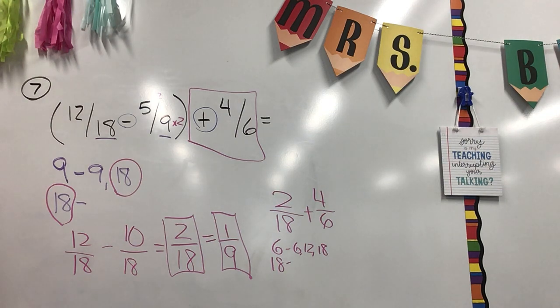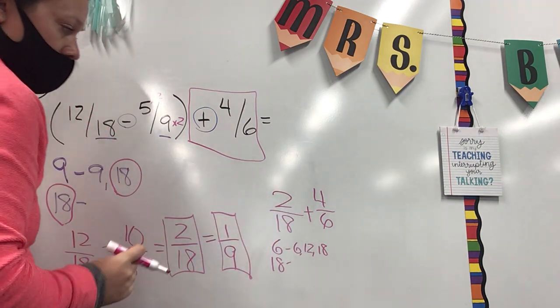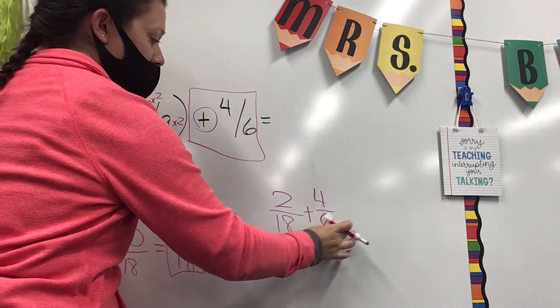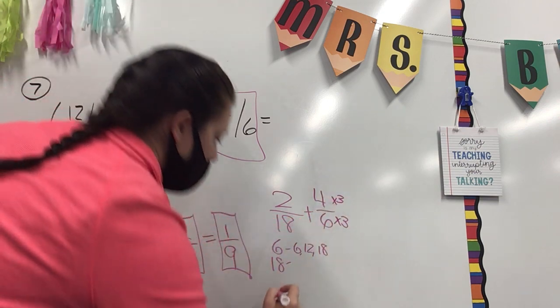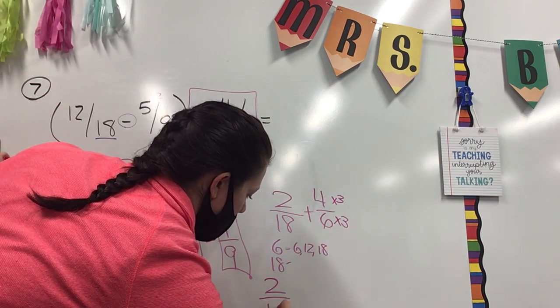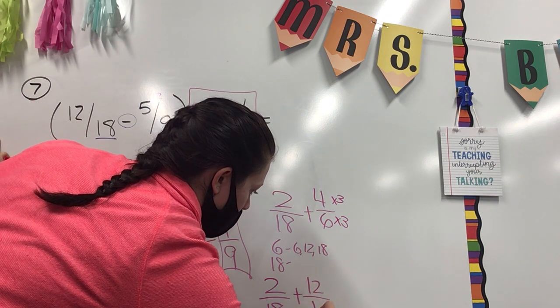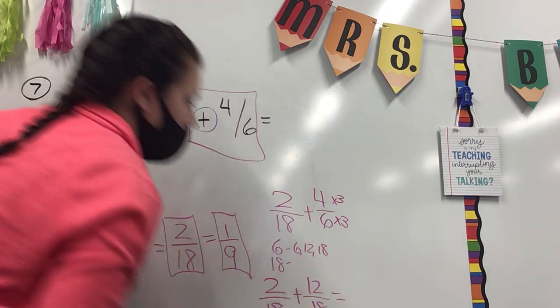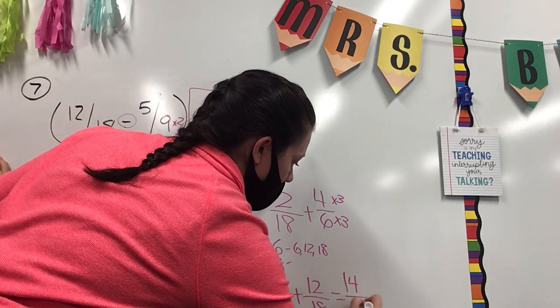What's my denominator going to be? 18. And this one already is an 18. How do I change this one to be 18? Times 3. So my new fraction there, 2/18 plus 12/18 is 14/18. Am I done? No.